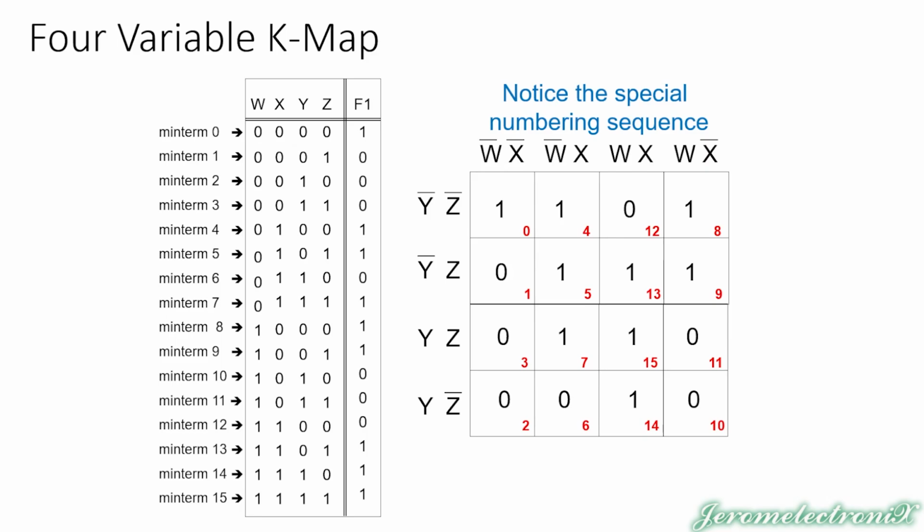Now, we need to look at this and see how can we simplify. So, don't do it yet, but let's just visually look at it. I could implicate these two ones. I could cross over and implicate this one and this one, but I don't need to because there are two ones there that consume this one when we implicate these two.